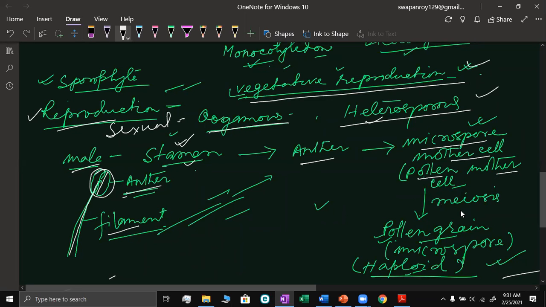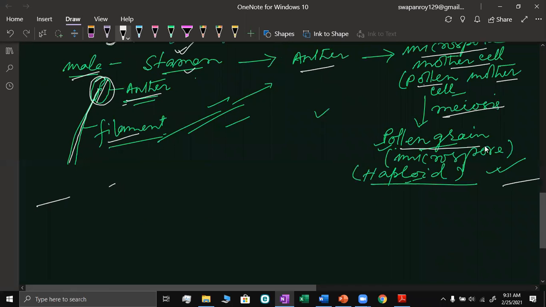This pollen mother cell undergoes meiosis, and after meiosis pollen grains are produced within the anther, and then they are released from the anther, and these pollen grains are haploid. All the stamens together within a flower we call what? Androecium.